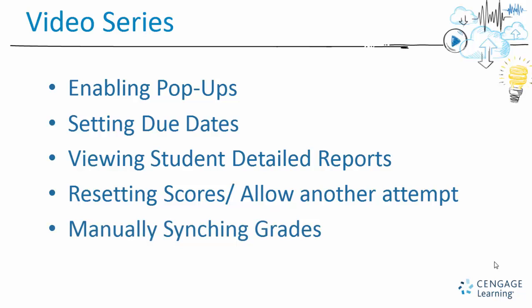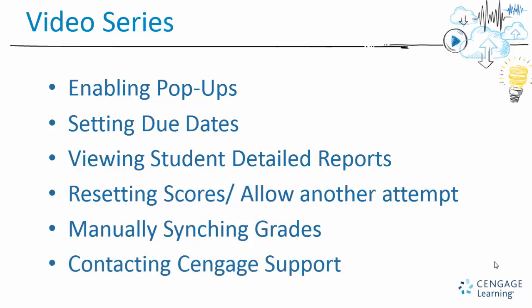The grades from SAM are going to automatically sync into the Blackboard gradebook, so if you find that's not happening, you do have the option to manually sync scores. And we've already talked about how you can contact Cengage support.